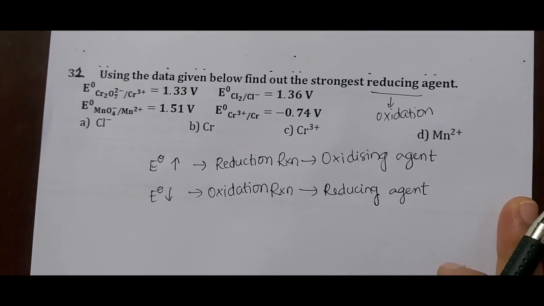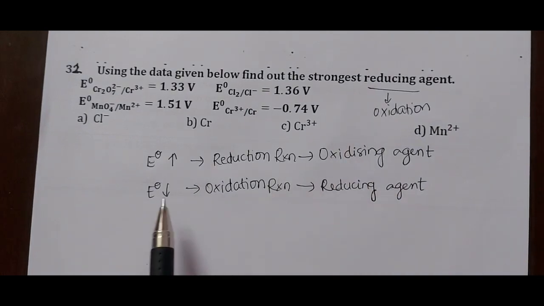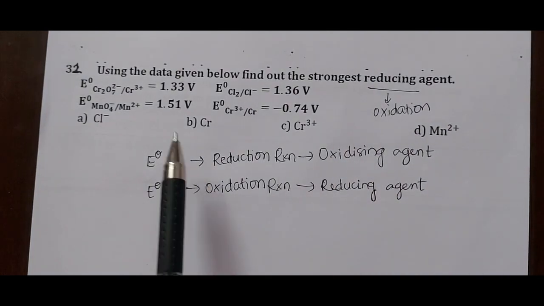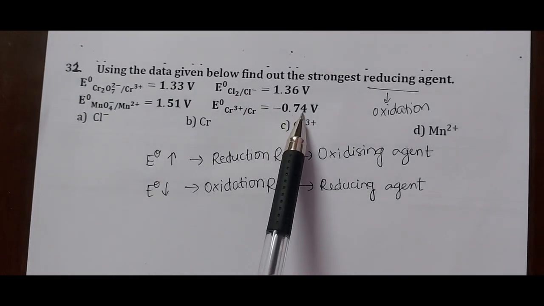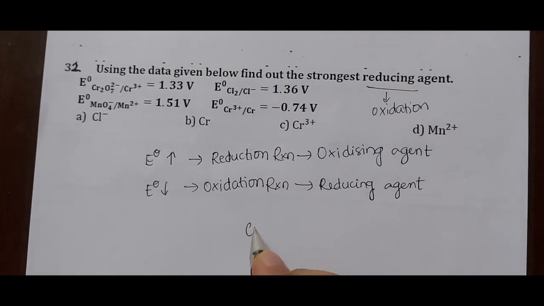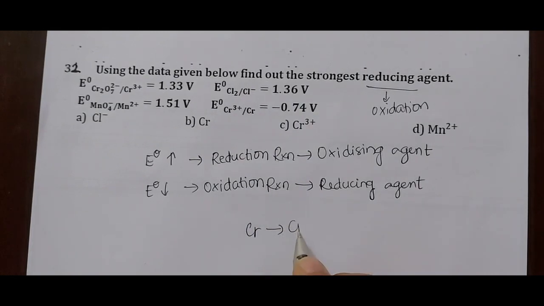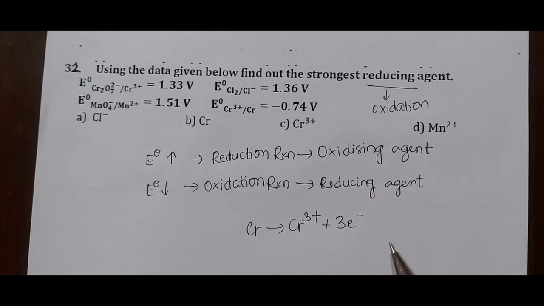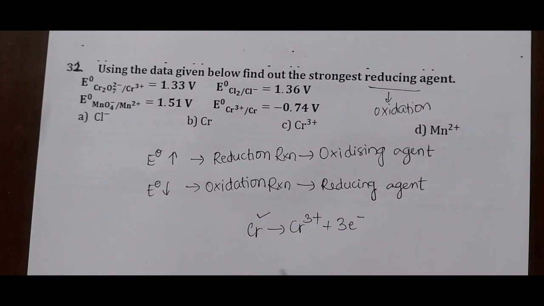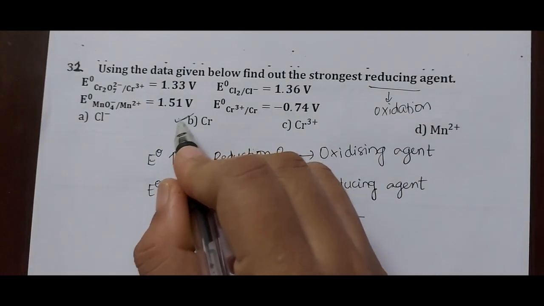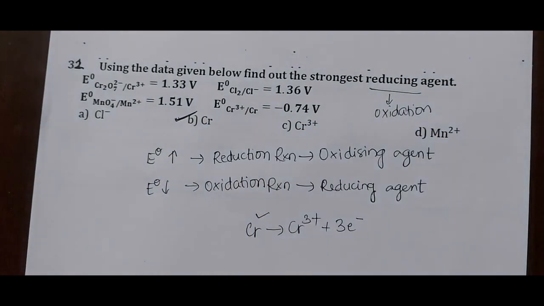And if it should easily undergo oxidation, it should have a lower E naught value, and the lowest E naught value among these is minus 0.74. That means chromium will easily undergo oxidation to form chromium ion by the loss of 3 electrons. Hence chromium can act as the strongest reducing agent, and the correct answer is option B, Cr.